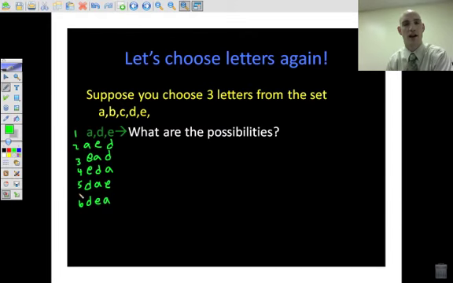So really what we're saying is, in a combination, the order doesn't matter. Okay? So we have 6 permutations for 3 letters.